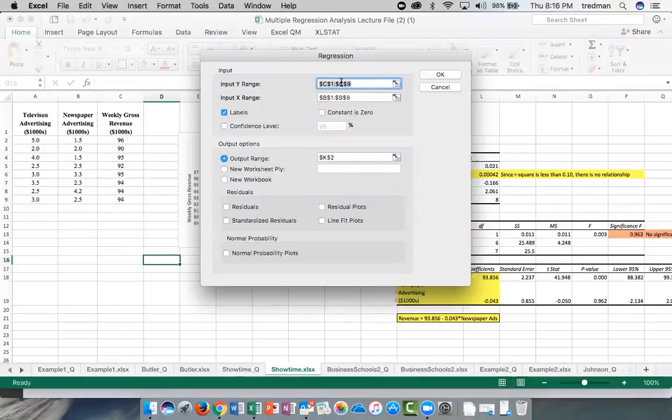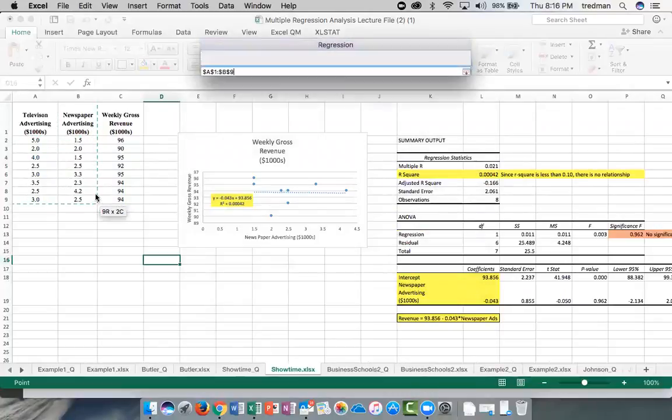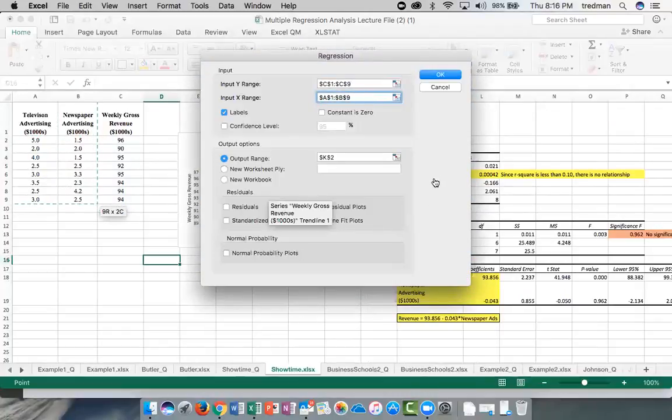Notice that the input Y range hasn't changed. However, the input X range is going to encompass television and newspaper advertising. I'm going to send my output into K28. Click OK.